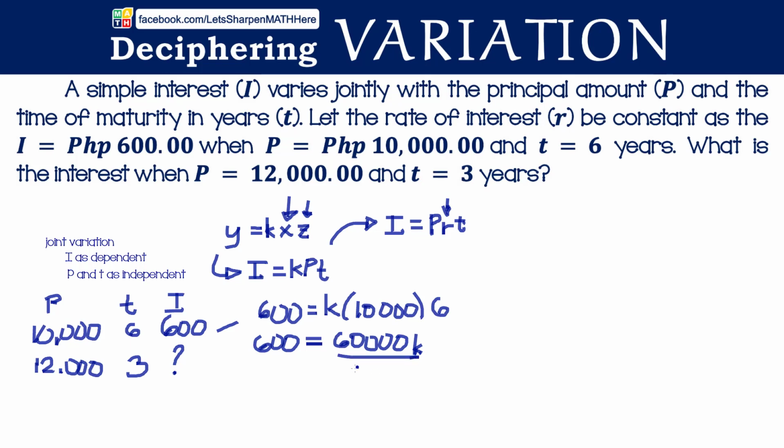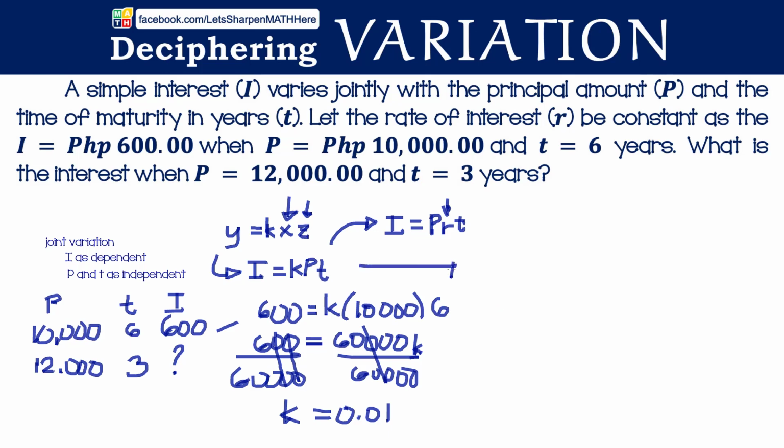We'll divide both sides by 60,000 to cancel this out. So remove the zeros, that's 1 over 100. The value of your k is 0.01, or in form of percent, this is 1%. But then again, we're not asked about the rate. We'll be using this to solve for the unknown, the interest.